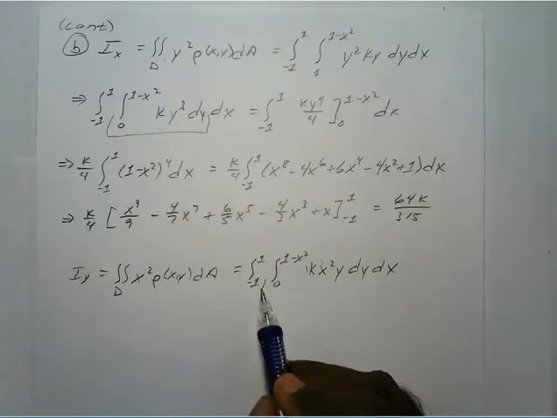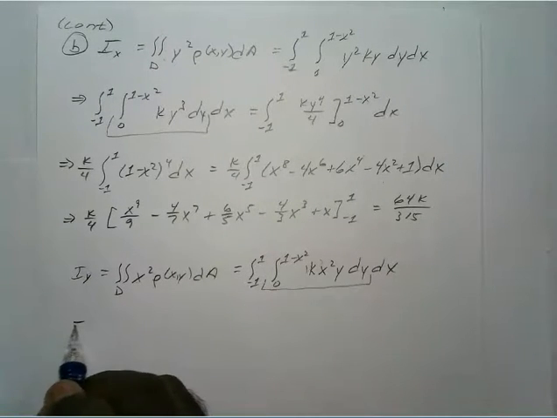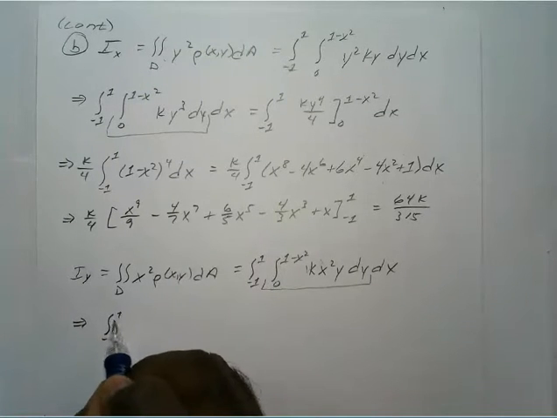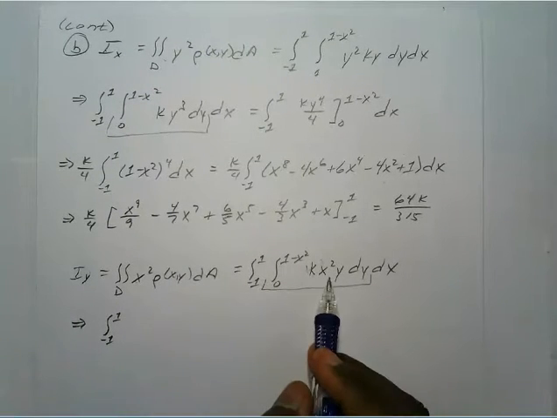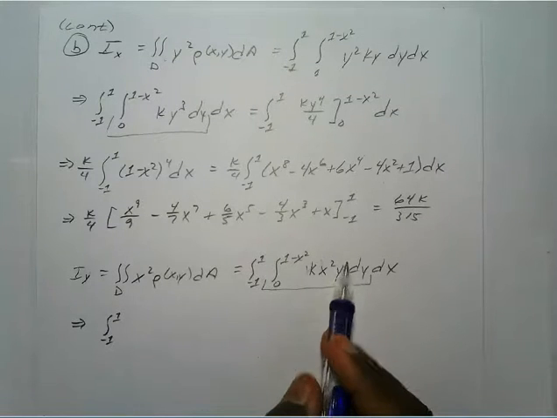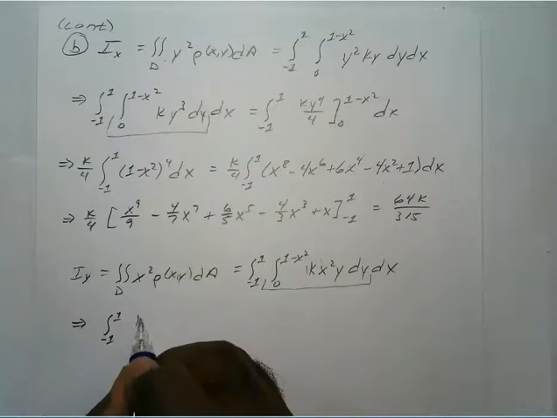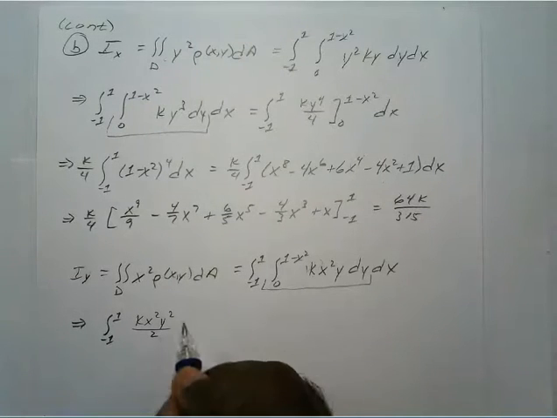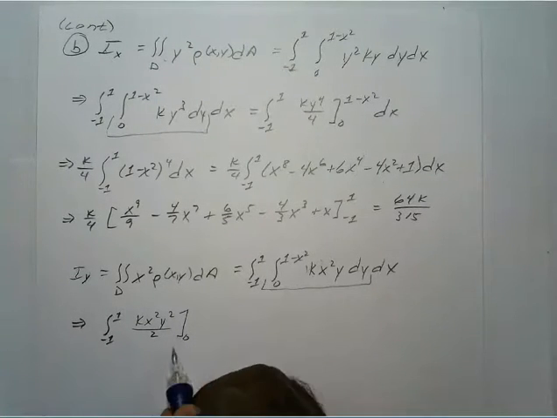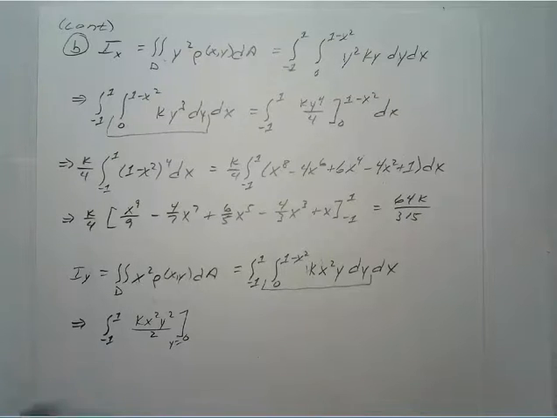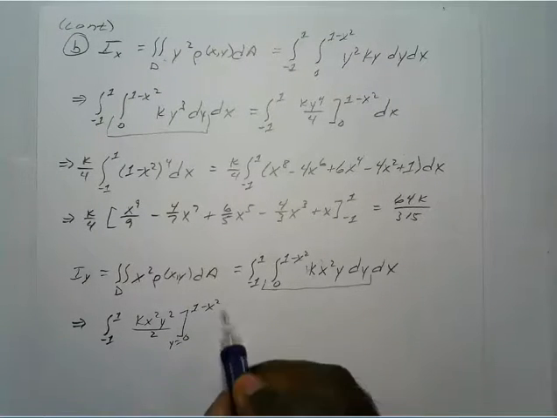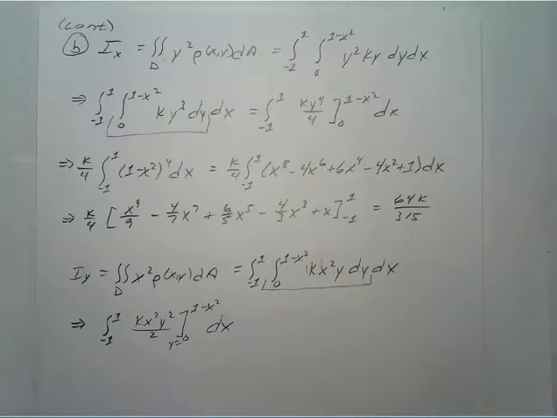All right, so if we go ahead and integrate the middle, that's the integral from -1 to 1. With respect to y, you have kx squared as your constant, so that's y squared over 2. So that's kx squared y squared over 2, and that's from y equals 0 to y equals 1 minus x squared. And of course, can't forget our dx.